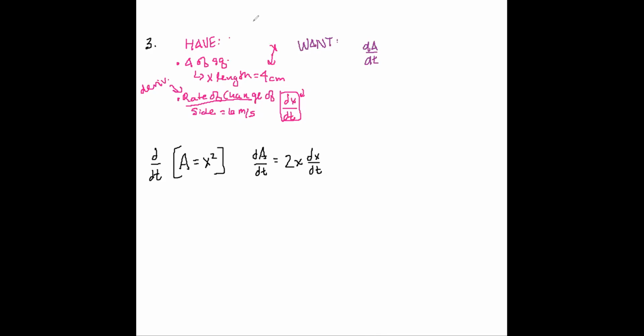I have 3 different variables, and I'm given 2 of them, so I can go ahead and put this together. dA/dt will be equal to 2 times x, which is 4 centimeters, times dx/dt, which is 6 centimeters per second.